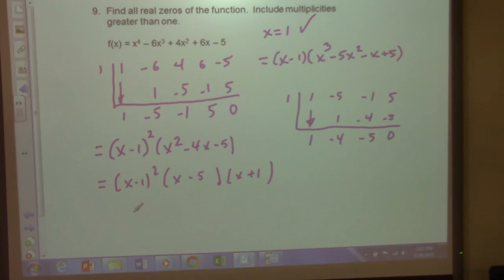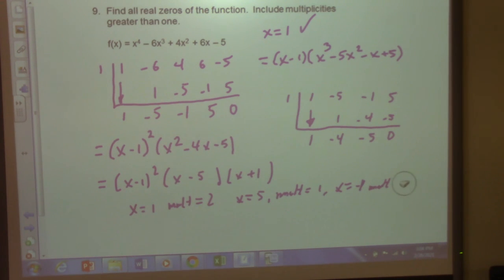So here we have x equals 1, that's multiplicity of 2. We have x equals 5, that's multiplicity 1. And we have x equals -1, and that's multiplicity 1. Okay?